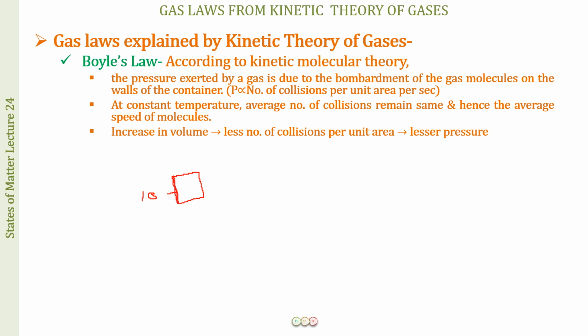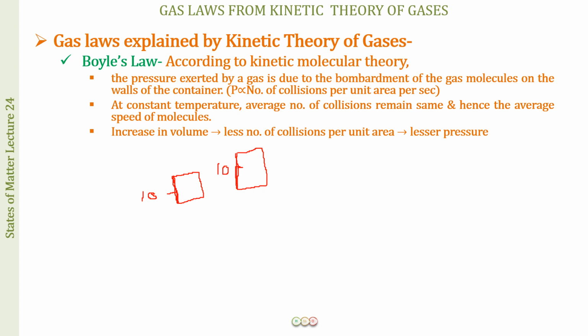Now what we have done is that we have increased the volume. So this was the initial volume, and this was the area of this wall as well. Now we have increased the area, but the number of collisions is the same because we did not change the temperature. So this is again the same number of collisions but on a larger area.